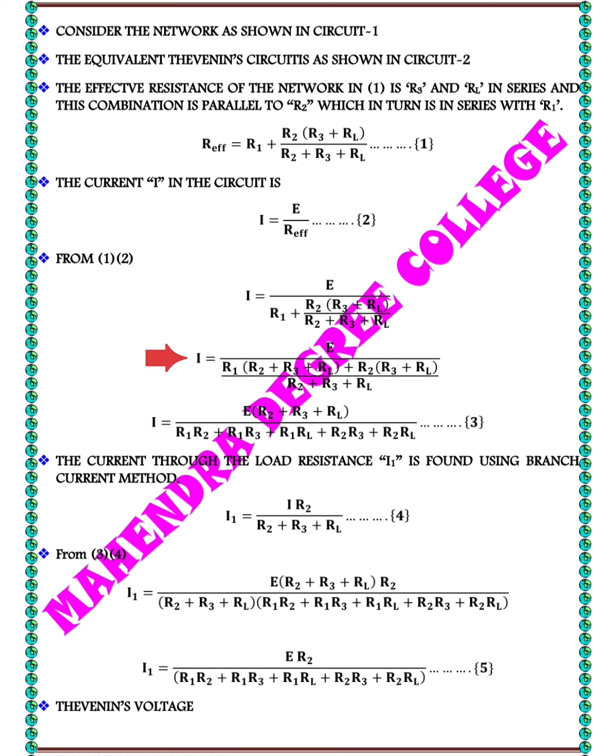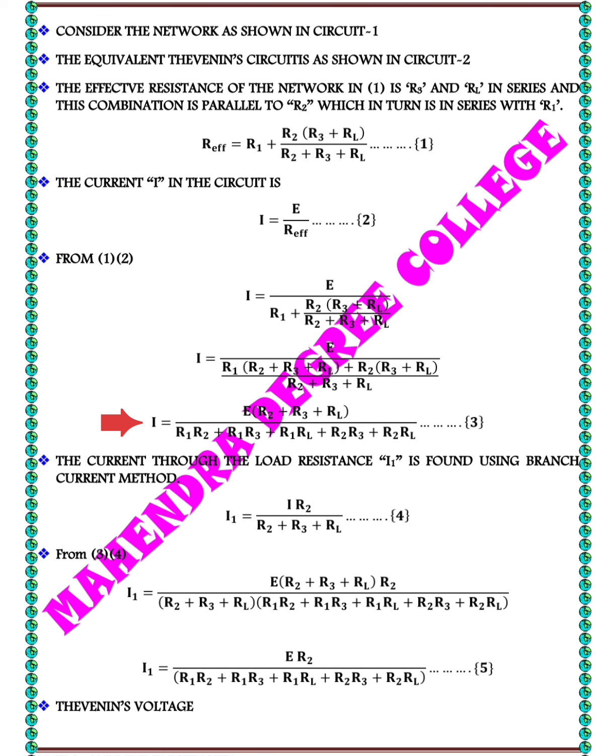Finally, I equals E by R1 into R2 plus R3 plus RL plus R2 into R3 plus RL, whole by R2 plus R3 plus RL. Next, the denominator R2 plus R3 plus RL converts the numerator, meaning E into R2 plus R3 plus RL.